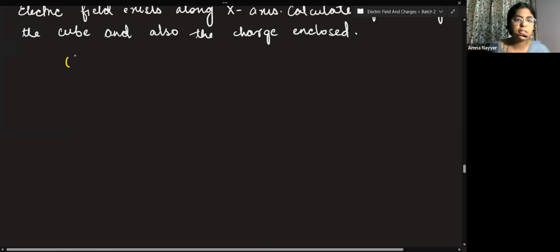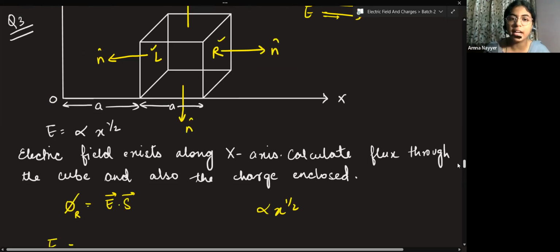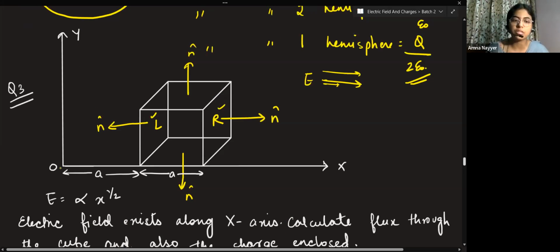So see, the formula of flux is E S cos theta, or E dot S. For the right-hand side face, what will the electric field be? The general electric field is alpha x to the power half. Now see the separation of the right-hand side face from the origin.